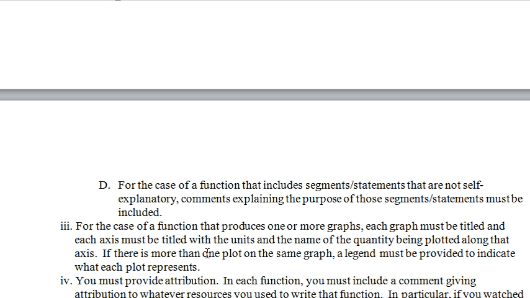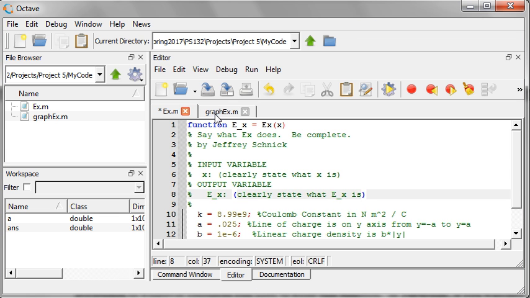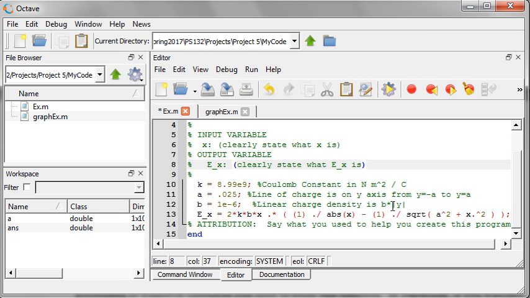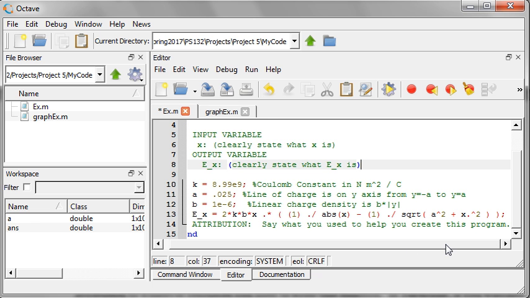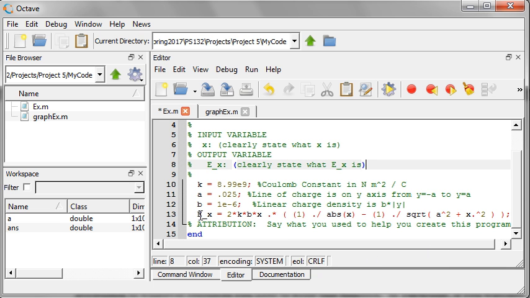Next item on the checklist. Not self-explanatory. Yeah, I think I decided that some of the constants that I was using were not self-explanatory. We're clearly evaluating the formula that you used to get E sub X in terms of the other quantities.